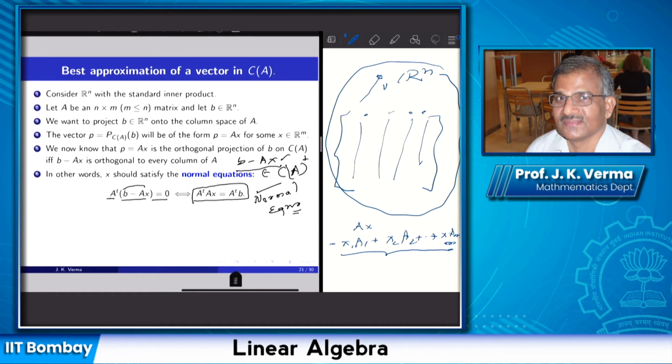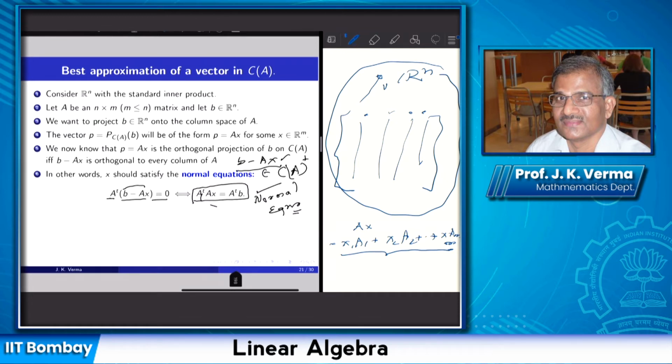Yeah, so now we have to solve this system of linear equations. So let's do that. We have to show that this system of linear equations always has a solution, and many times it has a unique solution. x will be uniquely determined, and so Ax will be the best approximation of B in the column space.